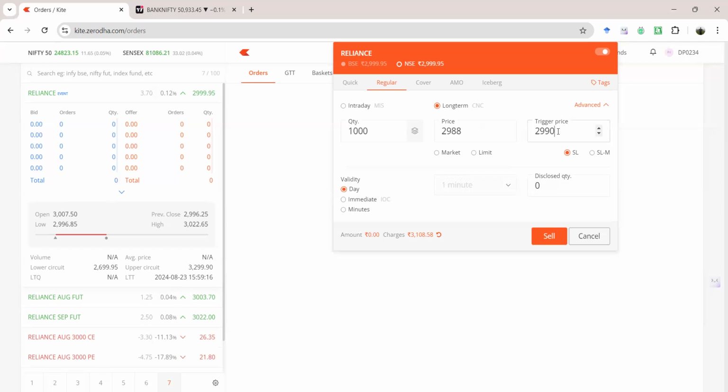So trigger is 2990. It will start executing. 2988 came, but 1000 quantity is not completed. Suppose 500 quantity got executed and prices went to 2987.9. And this 500 quantity is still pending. So it will stay pending if price doesn't visit 2988. As soon as price reaches 2988, this quantity will get executed.